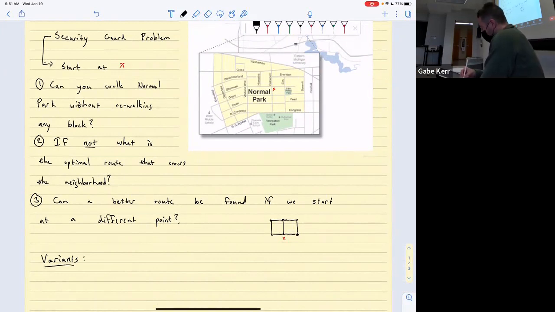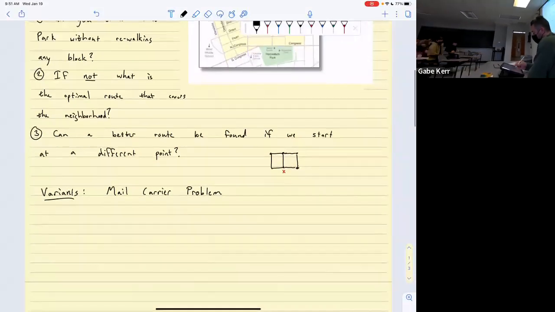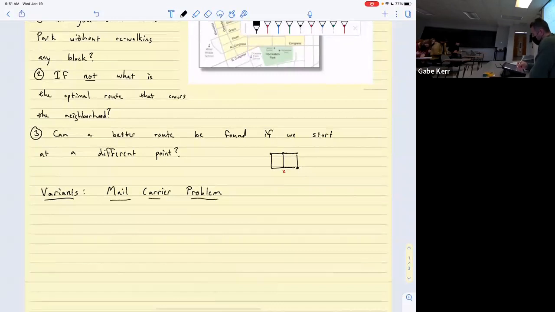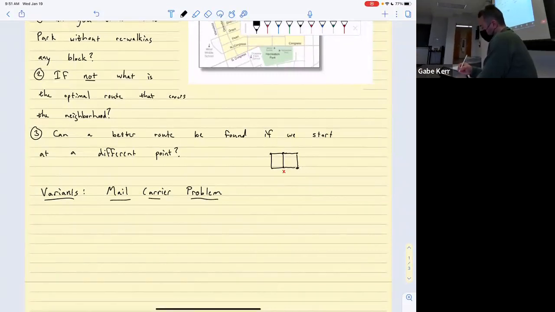One is the mail carrier problem. This is the same as the security guard problem, except for one thing.